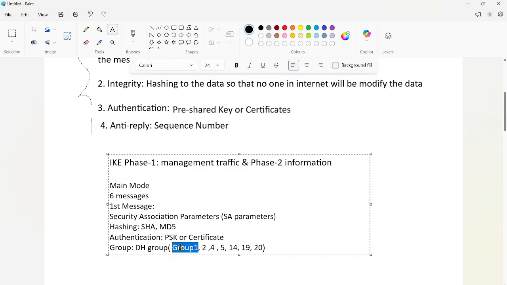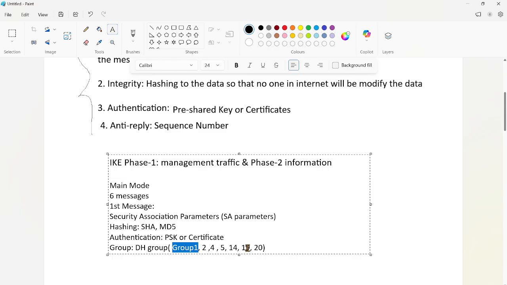If the group number is higher, the key length will be very long, so it will be difficult for hackers to crack that key. If they want to modify the data, they first have to crack this key. If you use group 1, the key will be very small in length, and maybe they can crack that key.